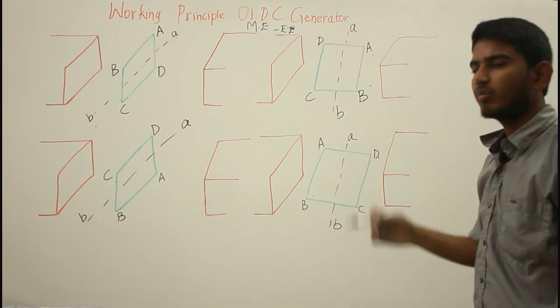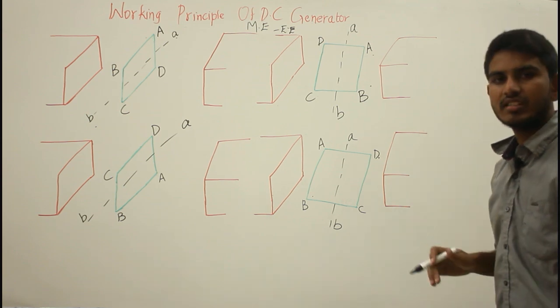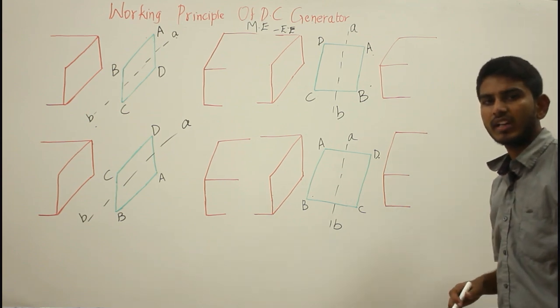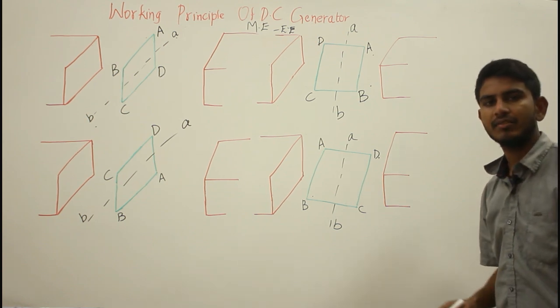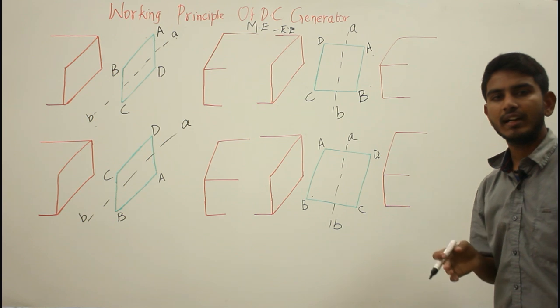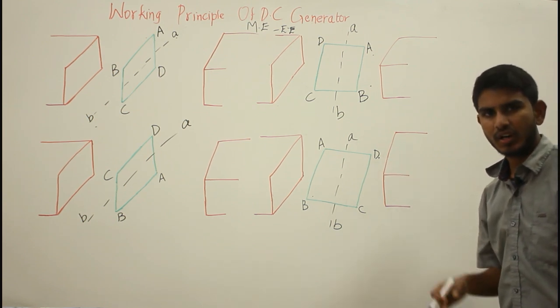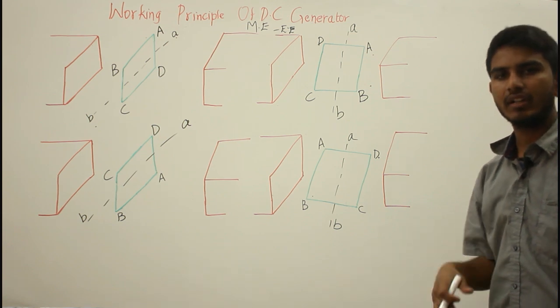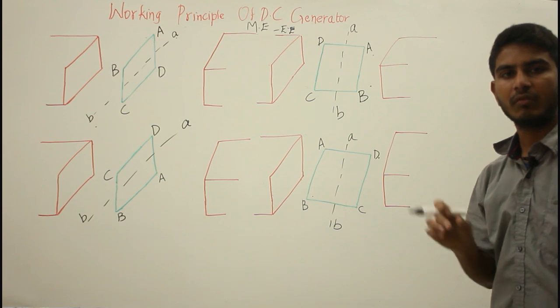Both of these generators, either AC or DC, depend on Faraday's laws of electromagnetic induction, which say that when a conductor is placed in a moving magnetic field, or a moving conductor is placed in a magnetic field, it is immaterial whether you move the magnetic field or the conductor, but one of them should vary.